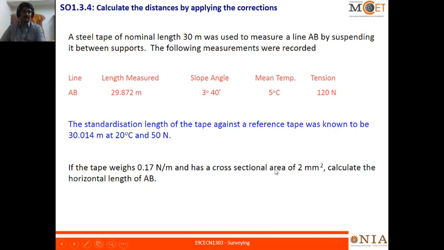There is a change in the pull, there is a change in the temperature, sag is there, slope correction is there, and the chain is short or long. 30 meter is long, I think, 30.14, right? So all the errors are there. How can we calculate? The next slide shows all the calculations, and how it was calculated is going to be explained.